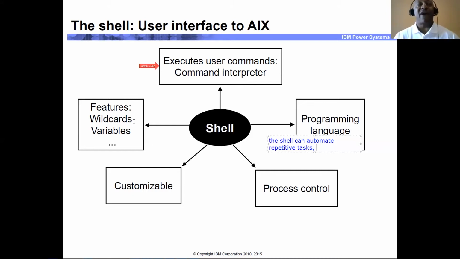We can determine how to display the value of a variable, and search through files using wildcards and filters like grep. So the shell can help us improve task-oriented information within our environment.